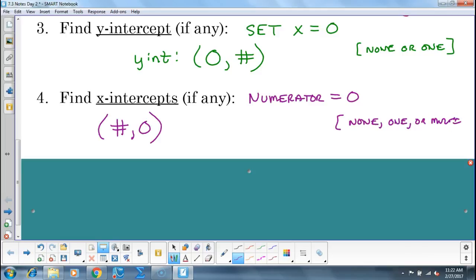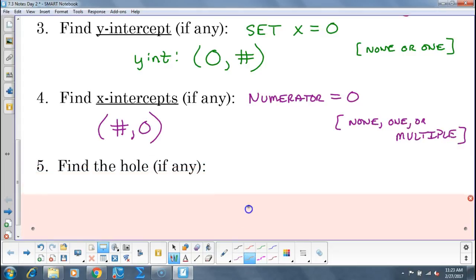Okay, so none, 1, or multiple. And actually, you get it from the degree of the numerator. So the degree of the numerator tells you how many x-intercepts you're going to have. Okay? All right? Then we go on to step number 5.